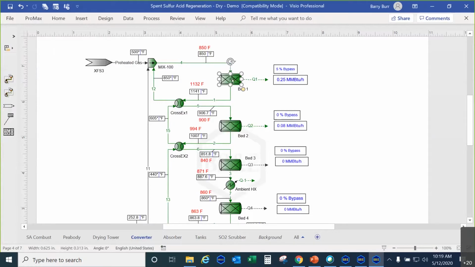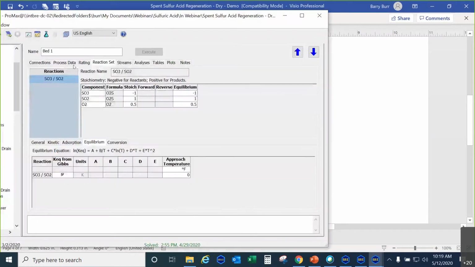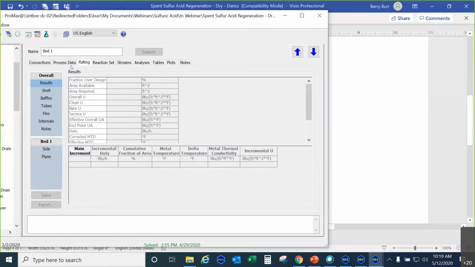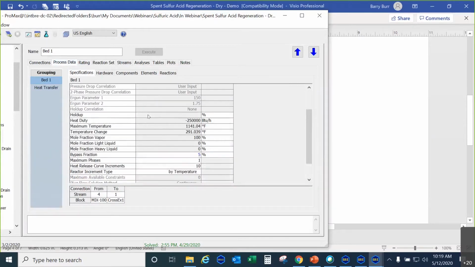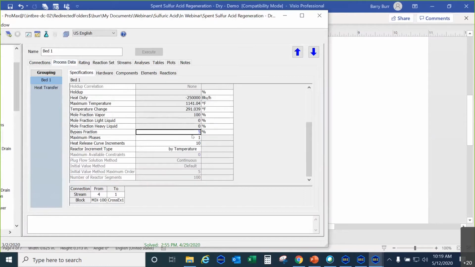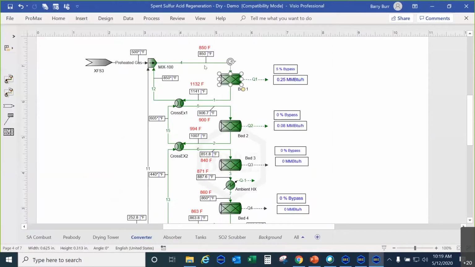There's also an approach to equilibrium, or in the process data tab for this reactor, you can see that I've set this thing called a bypass fraction. So the reactions do not go to equilibrium. They approach equilibrium. At least on this one, I was able to match it best by having a slight bypass on this one and then no bypass on the others.